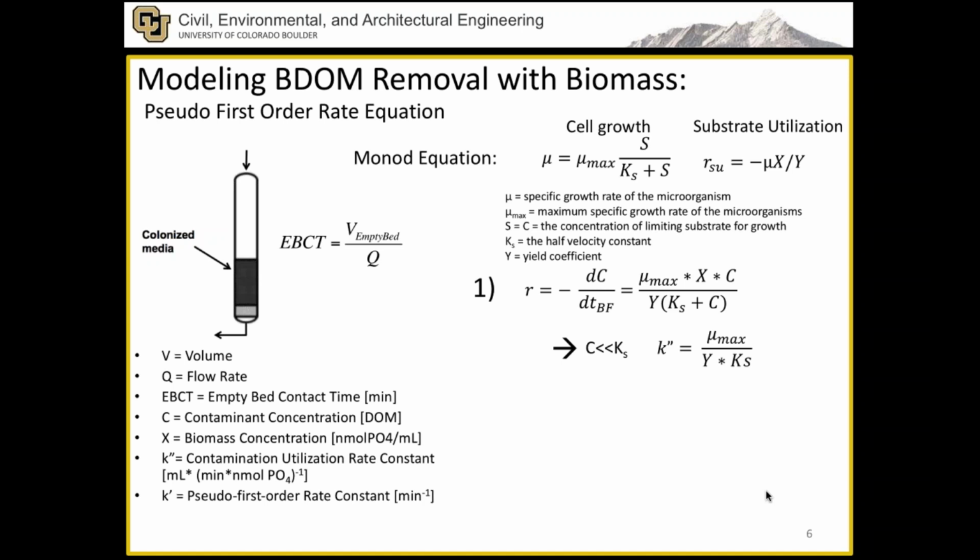And we can set the contaminant utilization rate constant equal to the maximum specific growth rate of the microorganisms over the yield coefficient times the half velocity constant to have the simplified expression, where the change of concentration over the change of the time it spends in the biofilter is equal to the contaminant utilization rate constant times the biomass concentration within the filter times the concentration of the contaminant. We integrate this equation to see that removal is an exponential function of the following parameters.